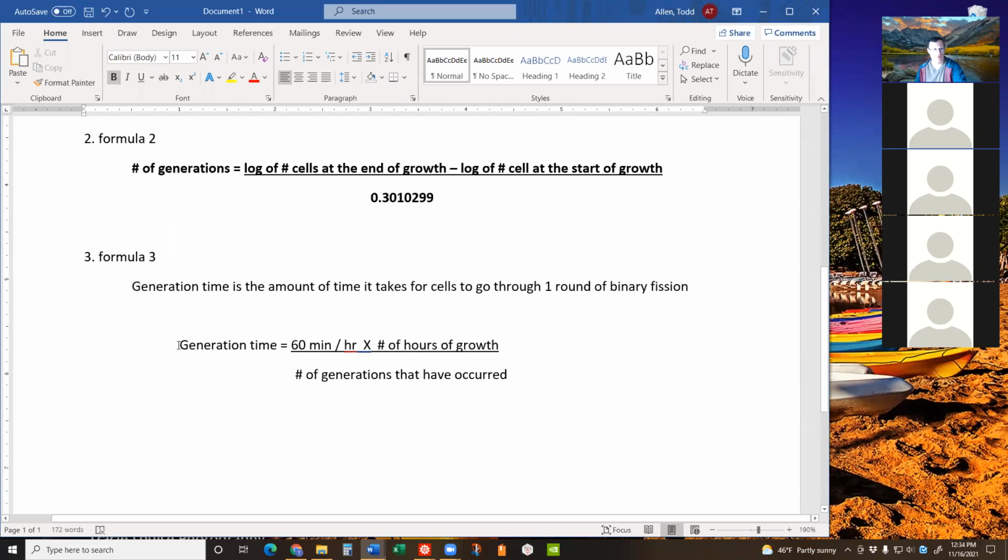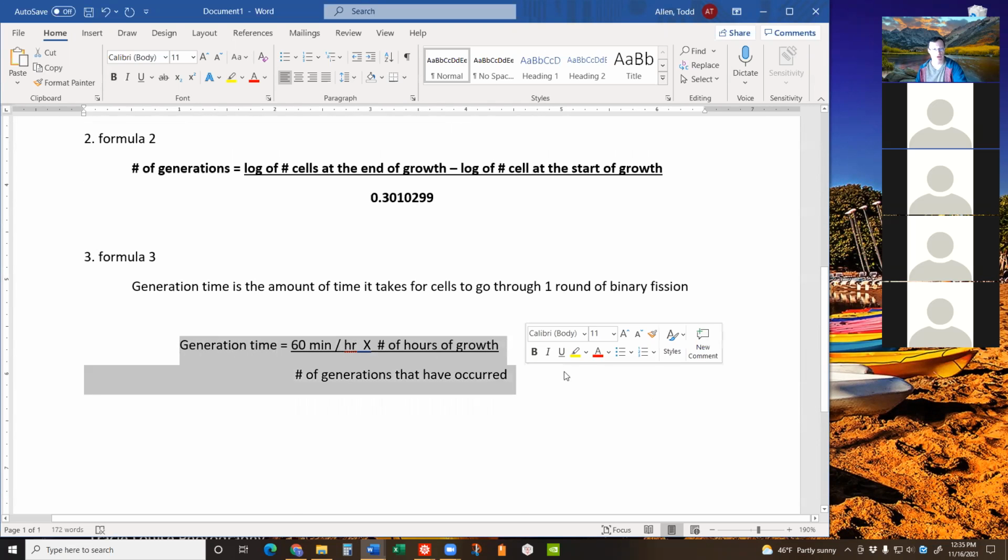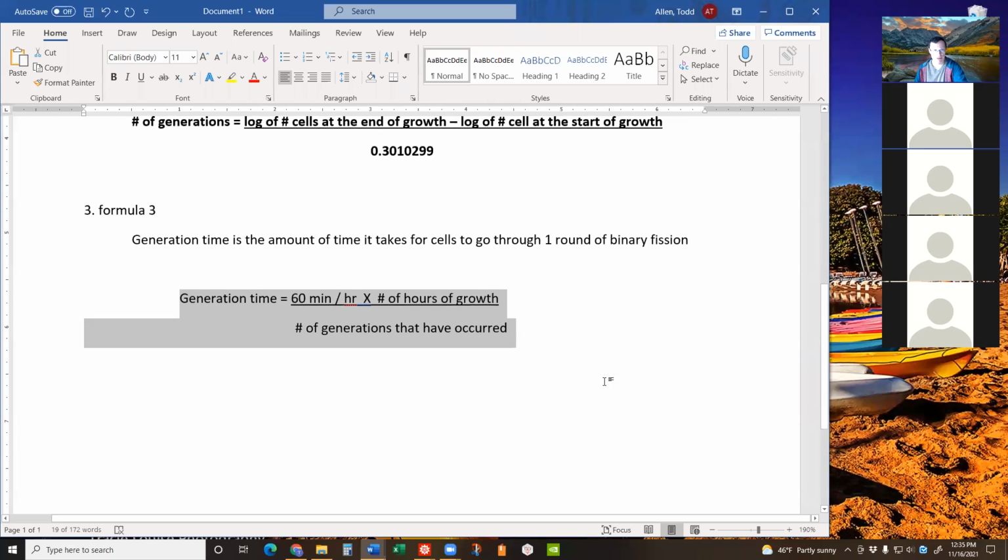And then formula number 3, to calculate generation time. Generation time is the amount of time it takes for a population of cells to go through one round of binary fission. That equation is 60 minutes per hour multiplied by the number of hours of growth, divided by the number of generations that have occurred.